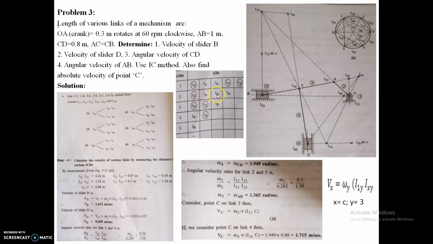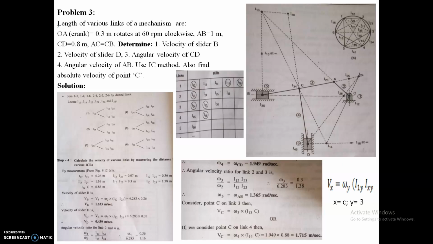Then in the third column 2 is fixed, and after the second suffix 4, the next value is 5, so I see IC 2, 5. In this way, IC 2, 6. So in this way you have to write all the ICs obtained from the links.